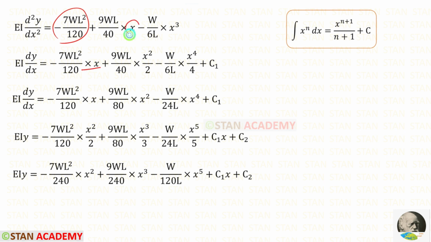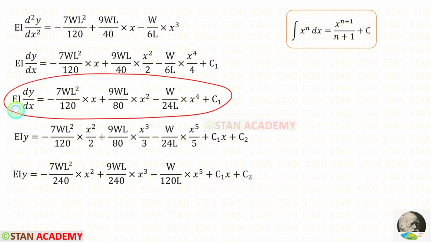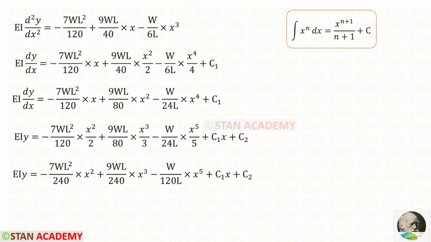When we integrate x, it will be x square upon 2. When we integrate x cube, it will be x power 4 upon 4. C1 is the constant. 40 into 2, it will be 80. 6L into 4, it will be 24L. Now let us integrate this equation. When we integrate x, it will be x square upon 2.